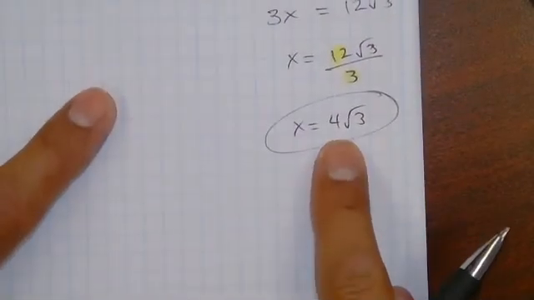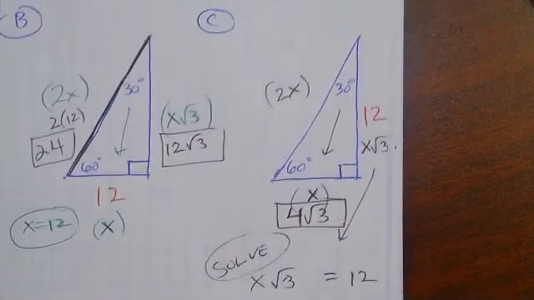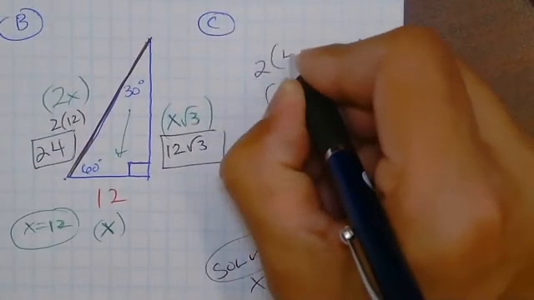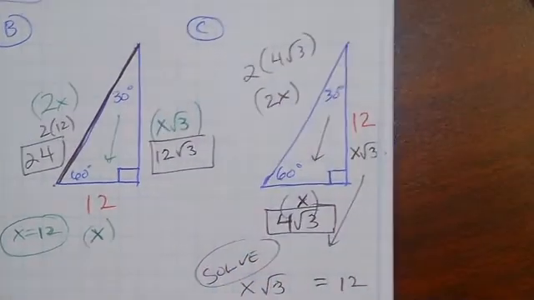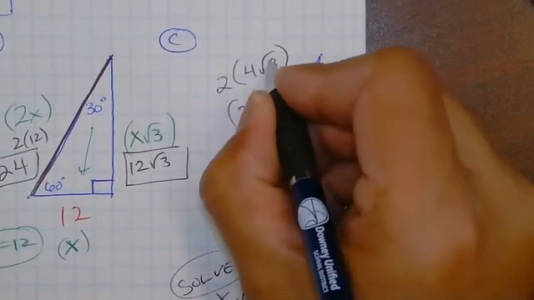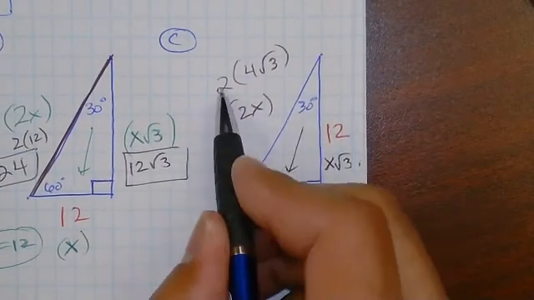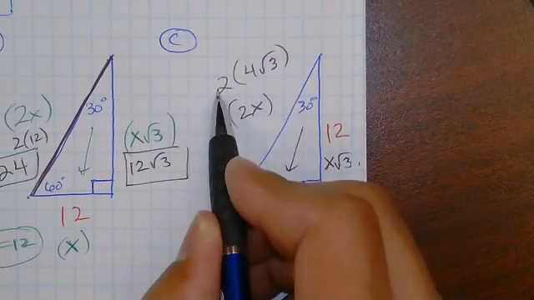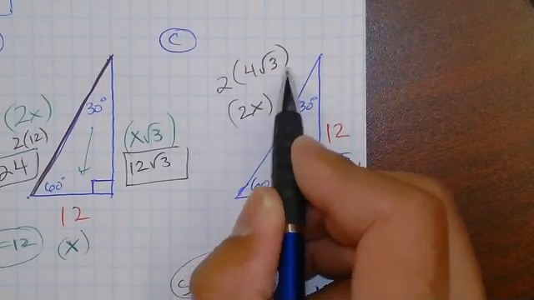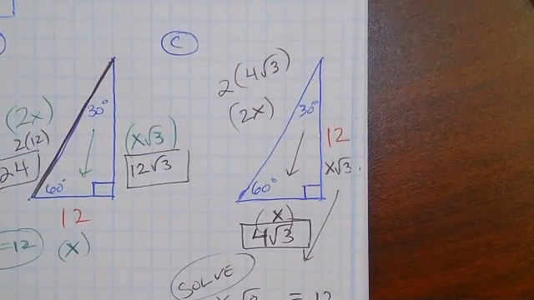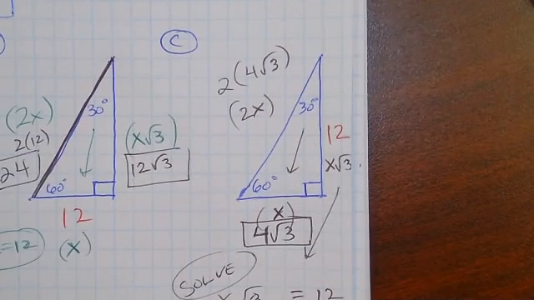And somebody tell me how to do 2 times x. Remember, x is 4 root 3. How do you do 2 times 4 root 3? Anybody know how to multiply that? Do I multiply the 2 to the 4, or the 2 to the 3, or the 2 to both?